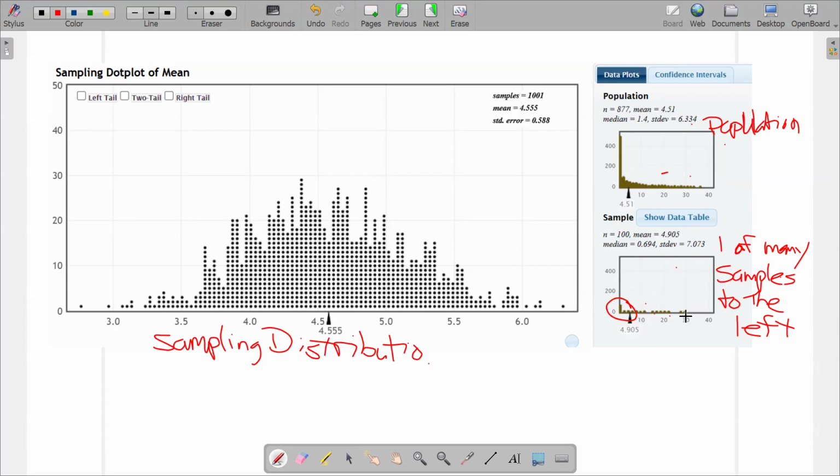A sampling distribution, in this case I'm focusing on the mean, is a distribution of many sample means.